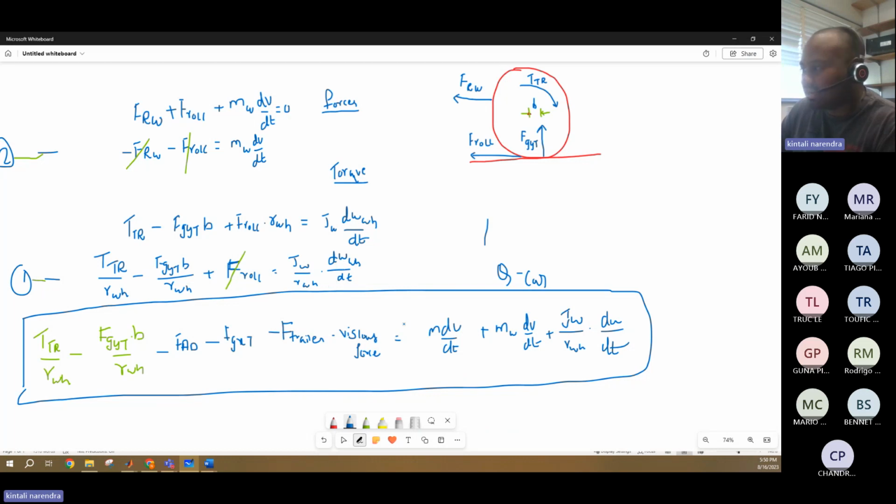So this can be rewritten in terms of velocity. Just a second, I forgot the term.